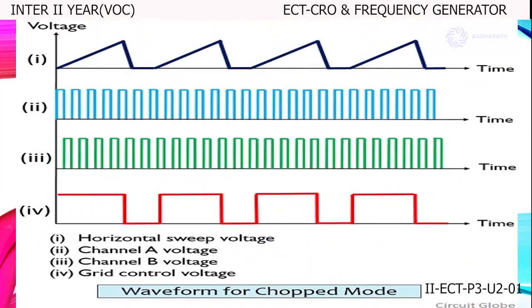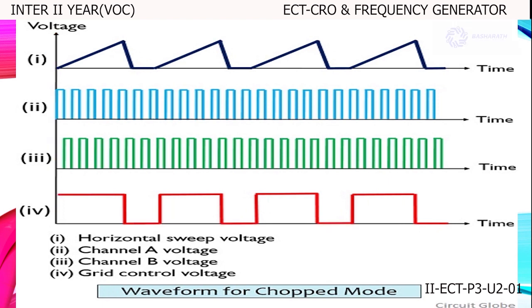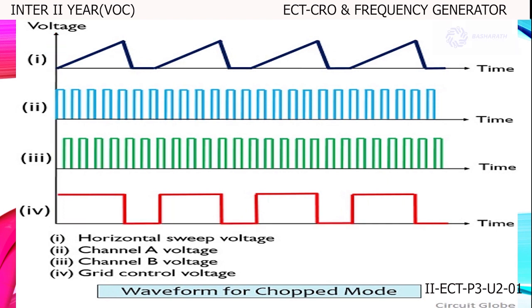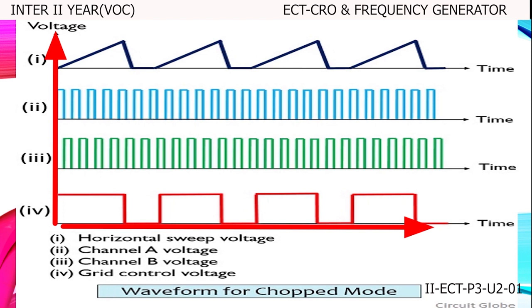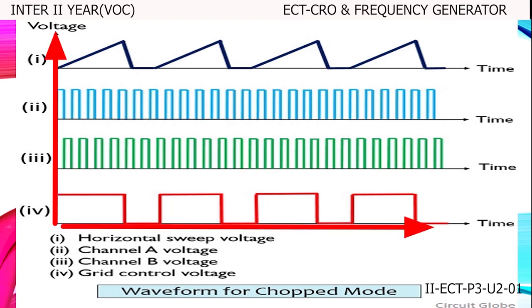Waveform for chop mode. In this mode of operation, during a single sweep, switching between the two channels occurs several times, and this switching is so quick that even for a very small segment the display is available on the screen.